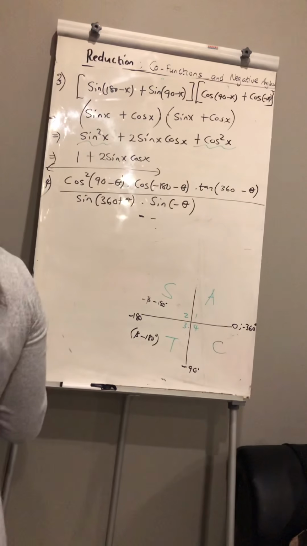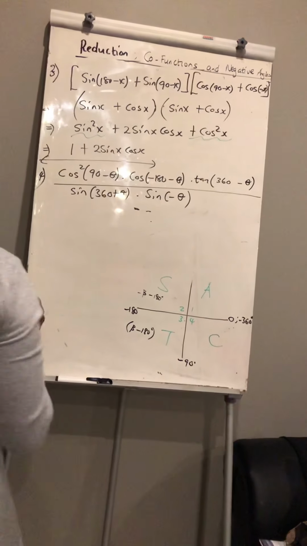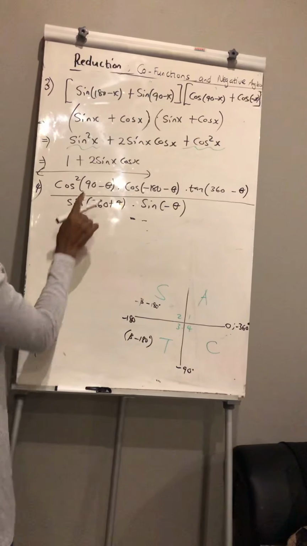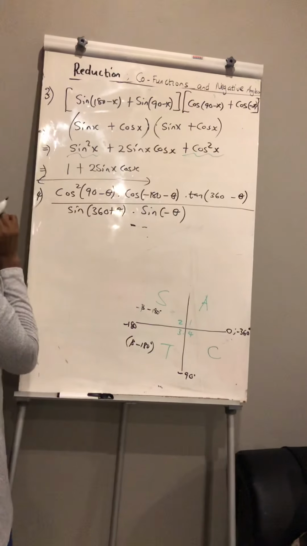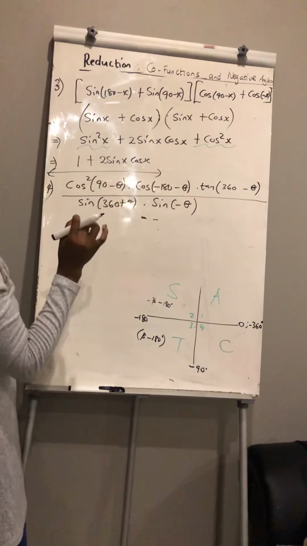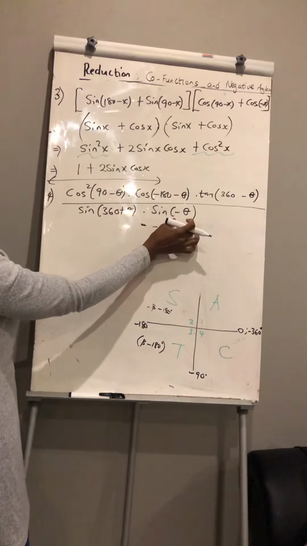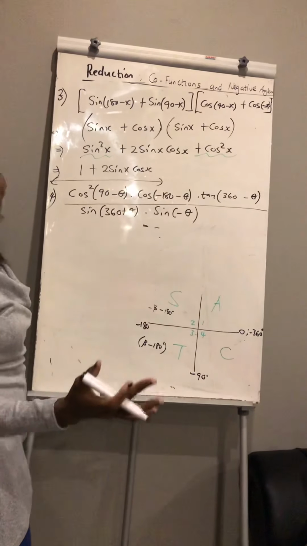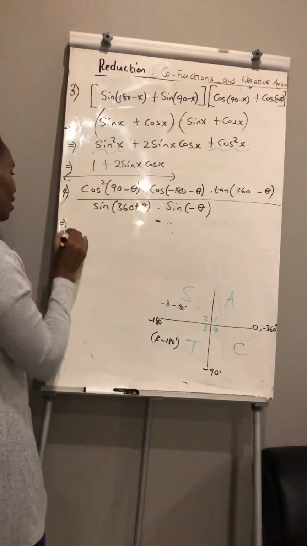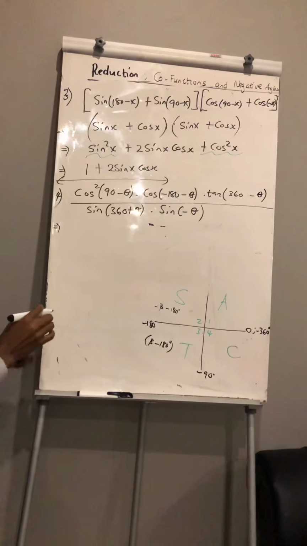Okay, looks pretty enough to me. It should be easy to handle as well. Your cofunctions here, and perhaps you want to be careful with that one, and your negative angles here, everything else is fine. So make sure that you remember everything. So let's see if you can follow here.